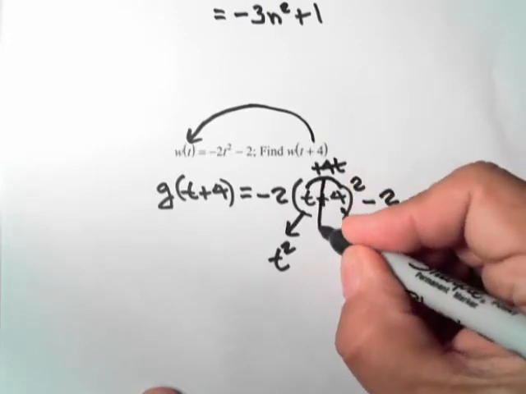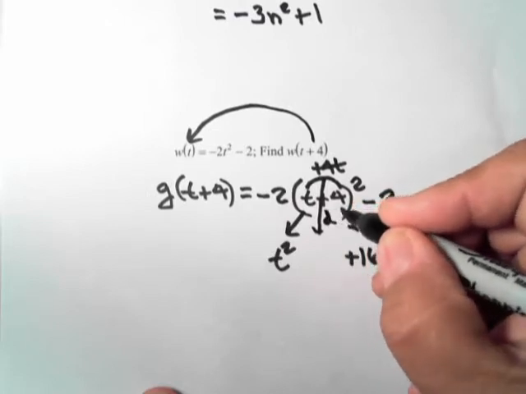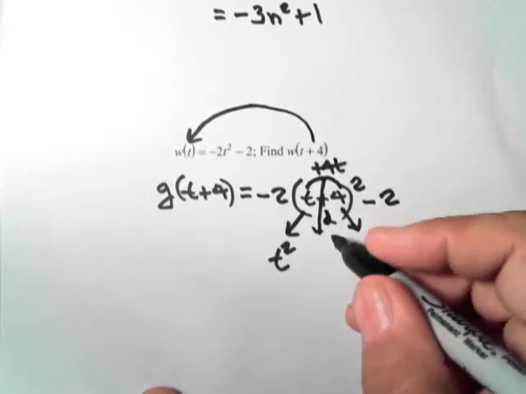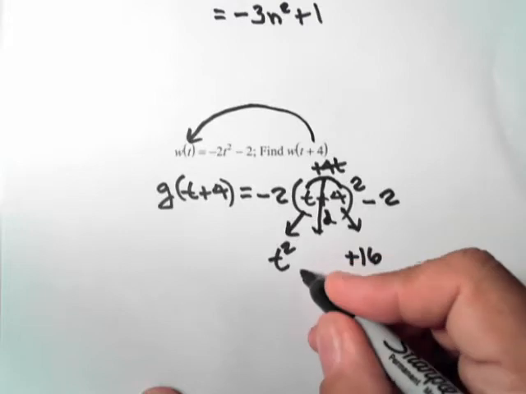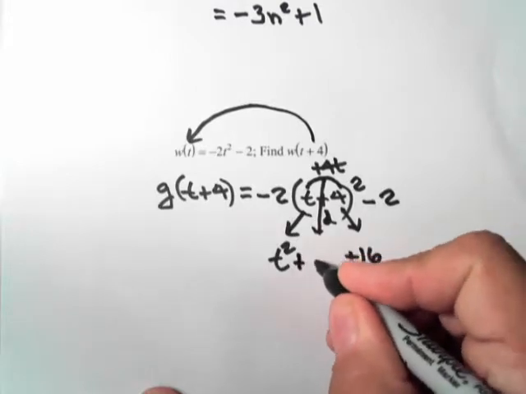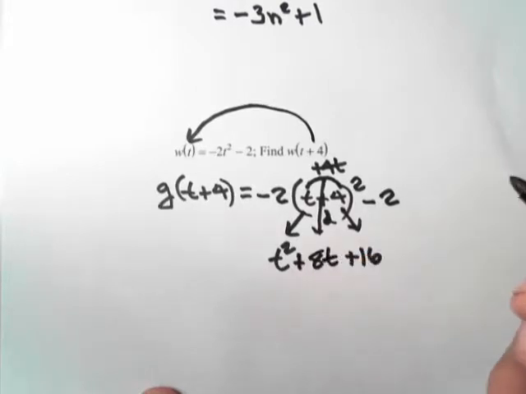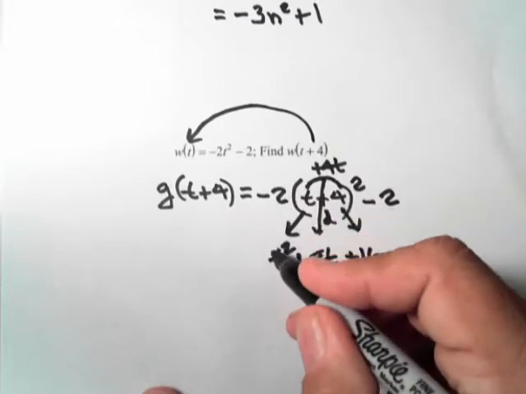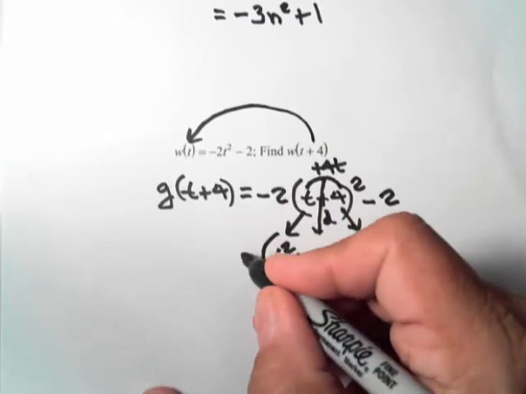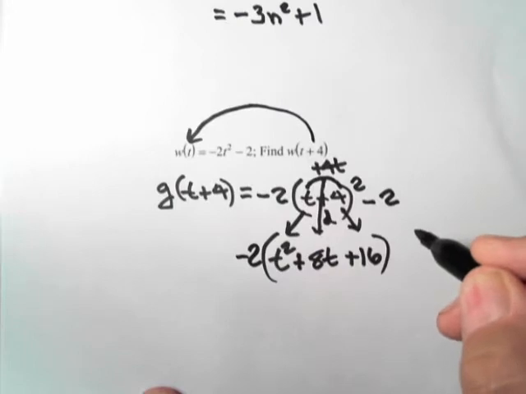But then, hopefully you remember what you have to do is double this when you bring it down. And you just double a number. So it's going to be plus 8t. Now, that whole thing was being multiplied by negative 2, so we still got some work to do.